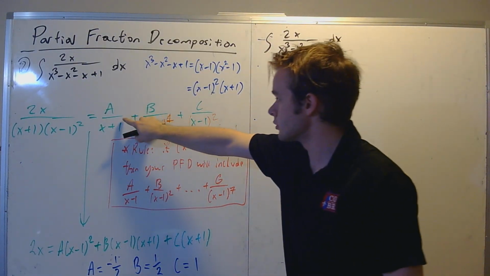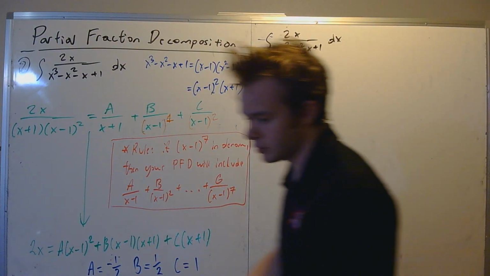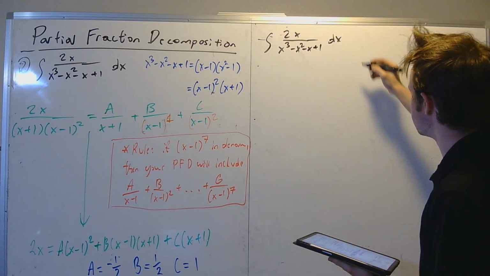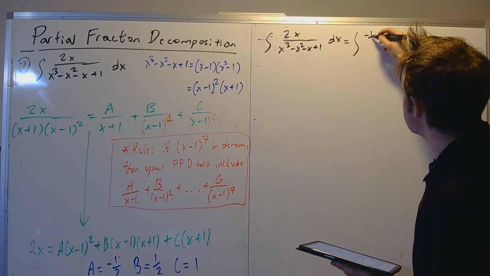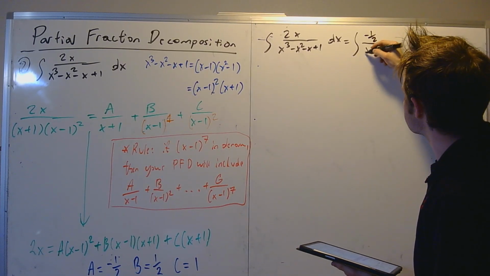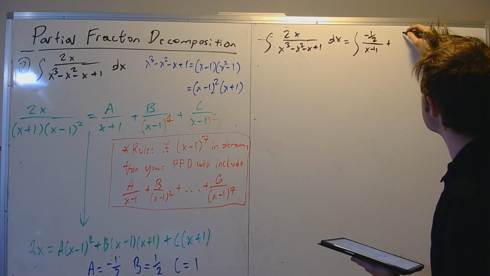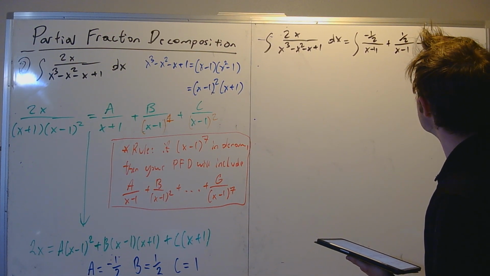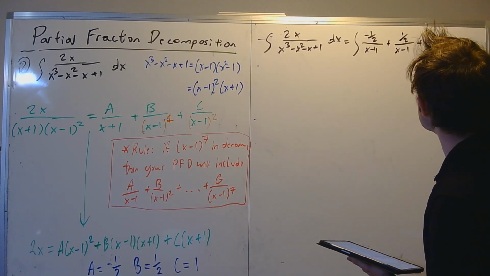And we just figured out what A, B, and C are. So we're going to write that this is the integral of negative 1/2 over x plus 1, plus the second fraction, 1/2 over x minus 1, and the third fraction, 1 over x minus 1 squared dx.